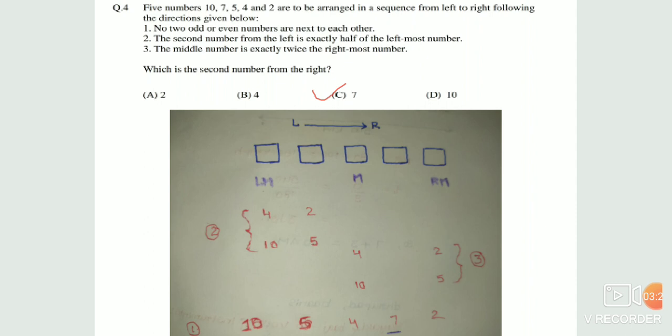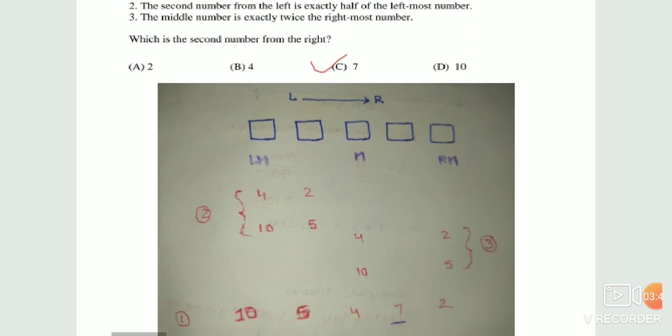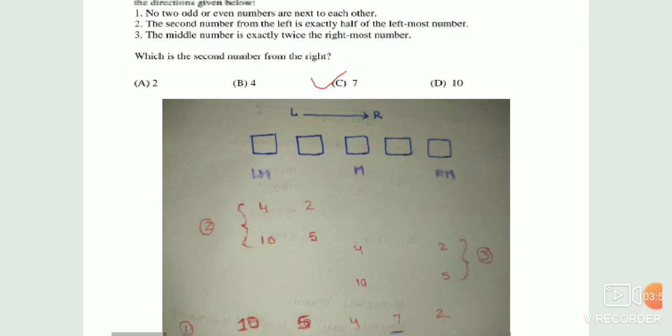Here there are 2 possibilities from the given numbers: 4, 2 and 10, 5. From the third condition, the middle number is exactly twice the rightmost number. Rightmost number into 2 will give the middle number. Here also there are 2 possibilities, that are 4, 2 and 10, 5.